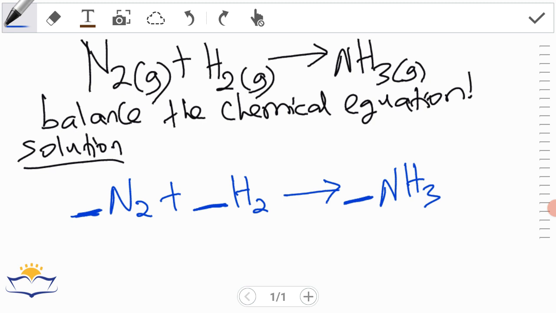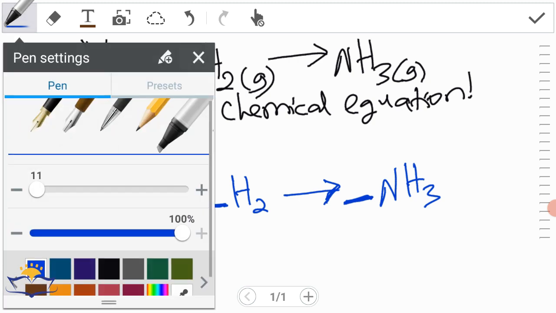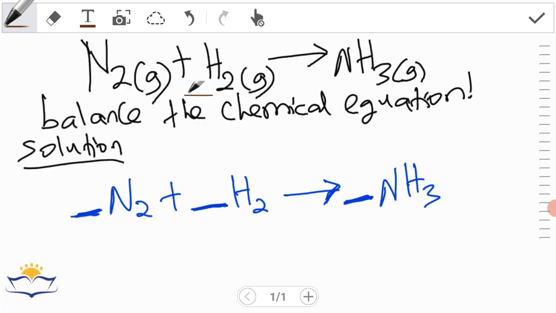So ma coefficient ni ma numbers amene timalemba kumbuyo kwa ma elements or ma compounds amali mu equation yathu aja. Koma nanga say we are trying to balance, it means for now sitikudziwa kaya. So what do? Timangoikapo ma variables. Kuda maybe kumbuyo kwa N2 kuli X, kumbuyo kwa H2 kuli Y, kumbuyo kwa ammonia kuli B. Variables, right?